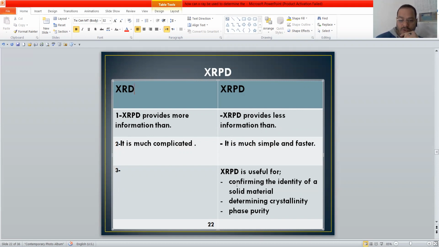It's useful for confirming the identity of a solid material. It's important. Determining the crystallinity and the phase purity by a simple method, in a faster way, when dealing with small atoms of a crystal structure.